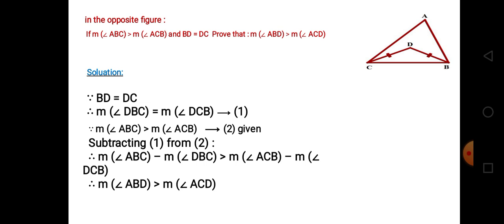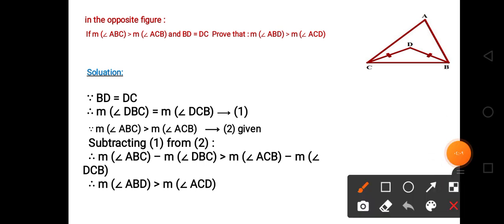Since BD equal DC, what we deduce? We deduce that measure of angle DBC equal measure of angle DCB. Again, DB equal DC, then measure of angle DBC equal measure of angle DCB, isosceles triangle.